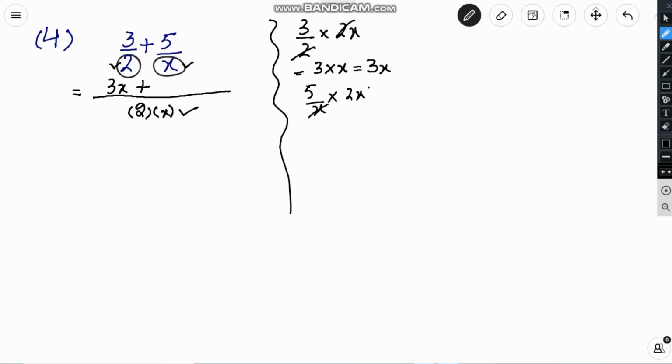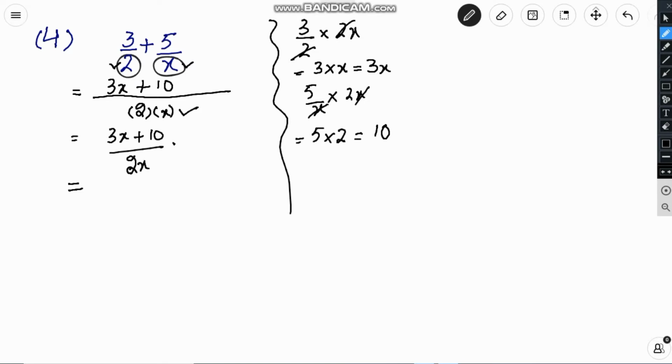This time x is cancelled. What remains here? 5 multiplies by 2 gives you 10. So you can write 10 here. Now your expression becomes 3x plus 10 over 2x.